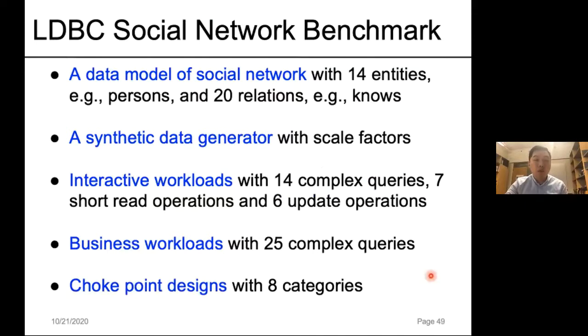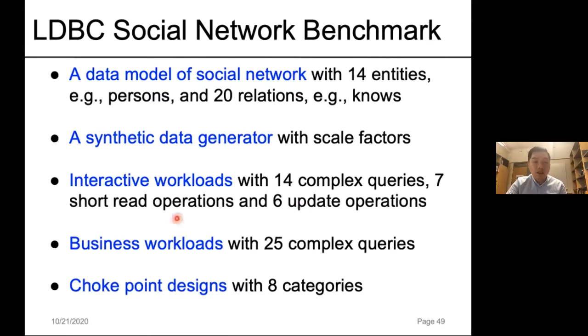So overall, LDBC has a data model of a social network with 14 entities, including the persons, and 20 relations, including the knows relationship. And it has a synthetic data generator with scale factors.